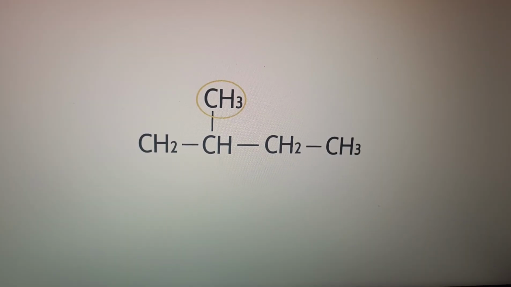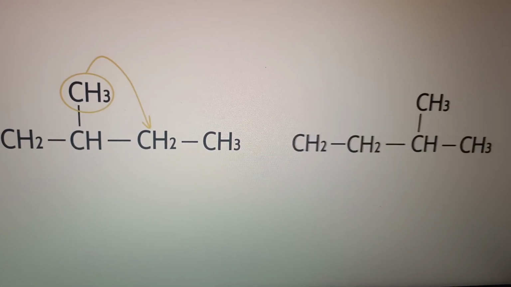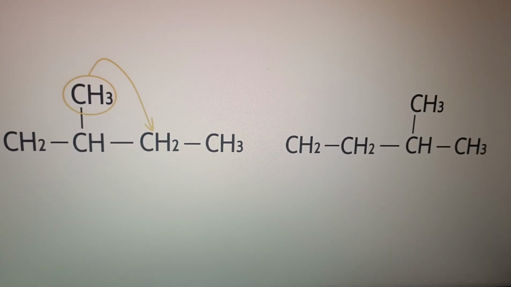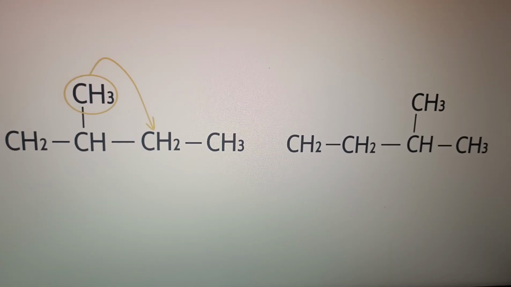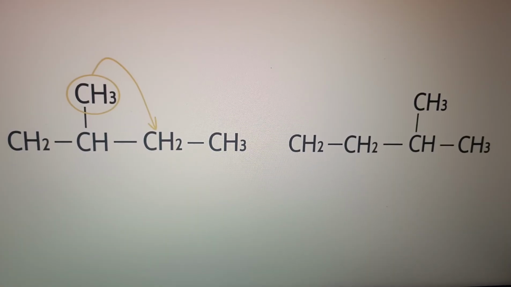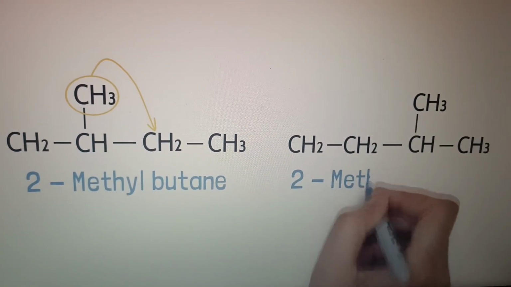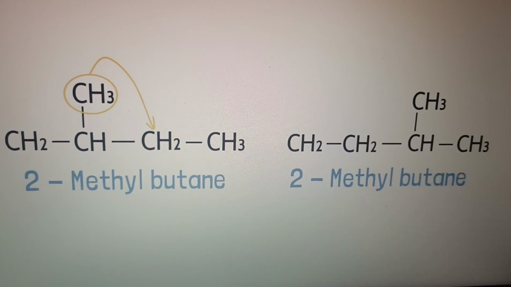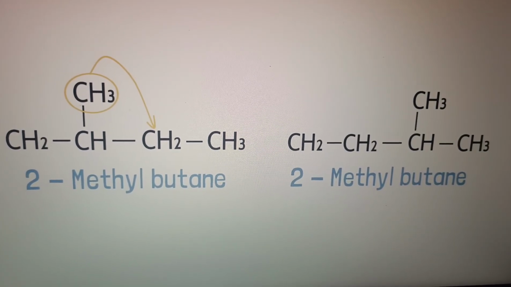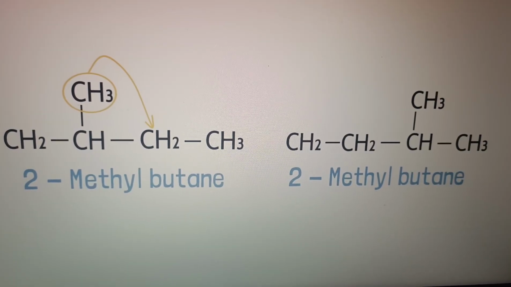Let's pick one compound, this one. The methyl position will change to CH2. The methyl position is shifted, but there is nothing going to change. Their molecular formula will be the same, and the name is 2-methyl butane. It will also be the same, as there is no change in this shifting.